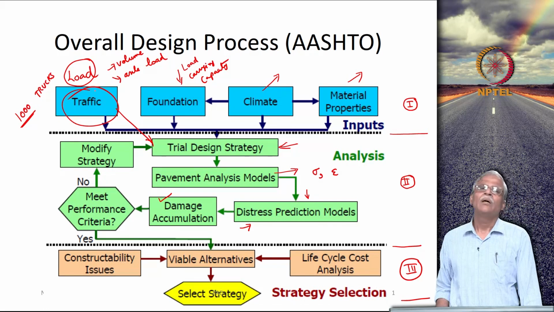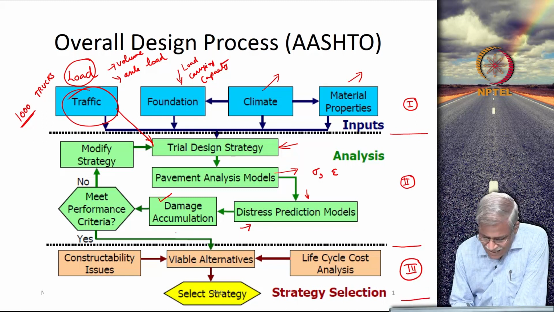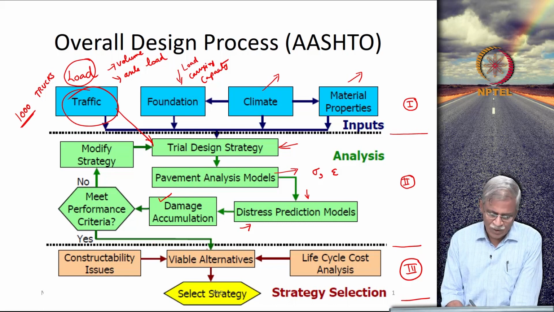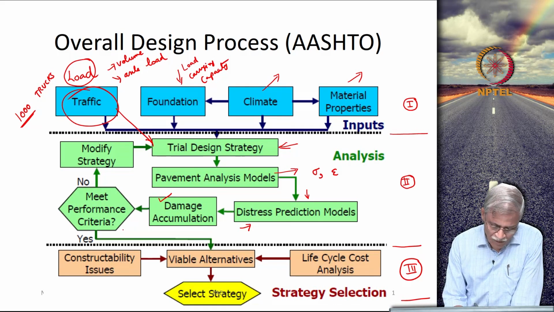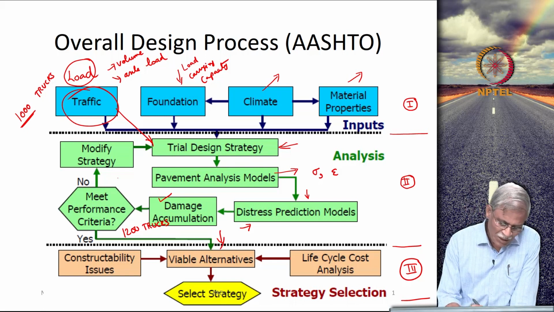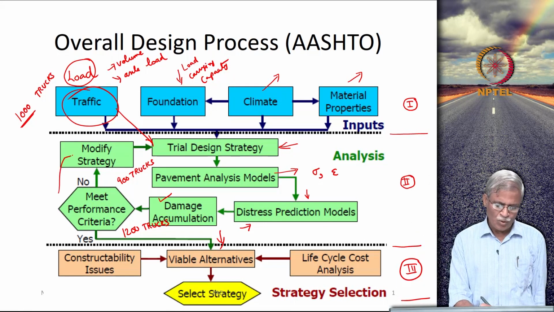This is the traffic part that comes in, and I take a trial design strategy, and after doing all the calculations I realize that this can withstand 1200 trucks. Then you immediately say yes. But let us say you find out that this cross section can actually take only 900 trucks, then you modify the strategy.